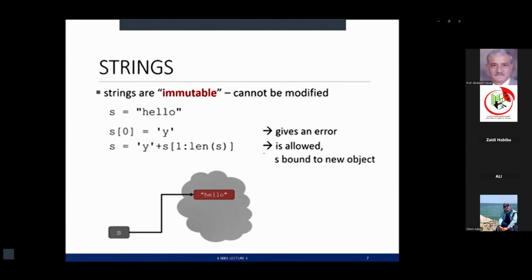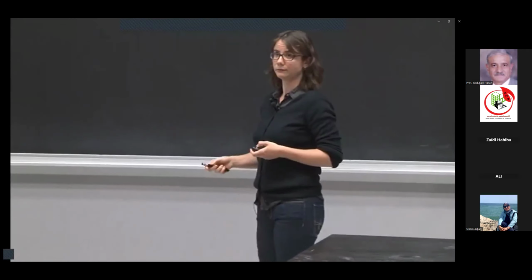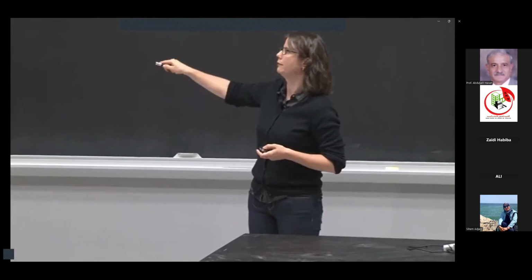Now internally what happens when I write this line is Python says, okay, I'm going to break my bond with this original object hello. I'm going to bind my string variable S to the new object yello, and this other old object still is in memory somewhere, right? But it's an entirely different object that I've created here. Again, might not mean anything right now, but just keep this in the back of your mind. Strings are immutable.